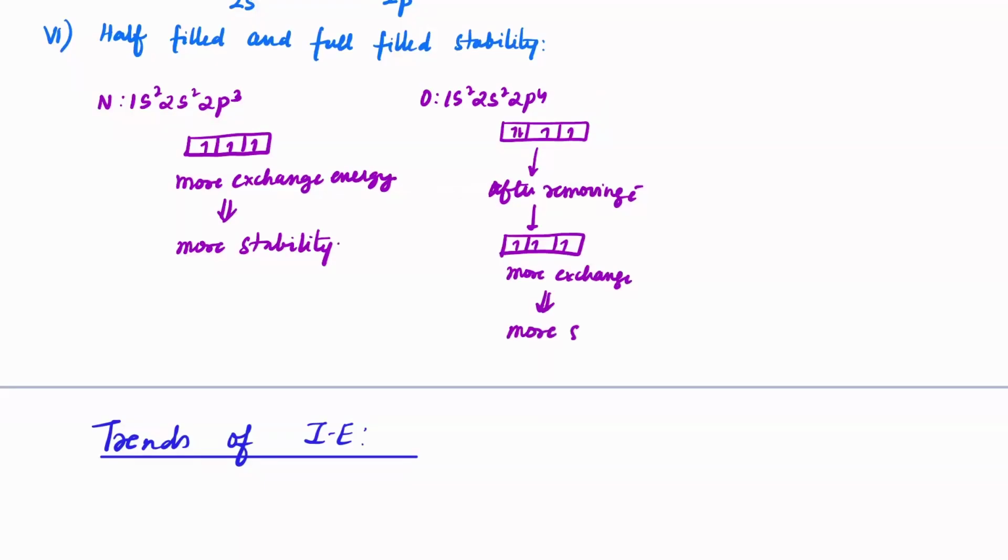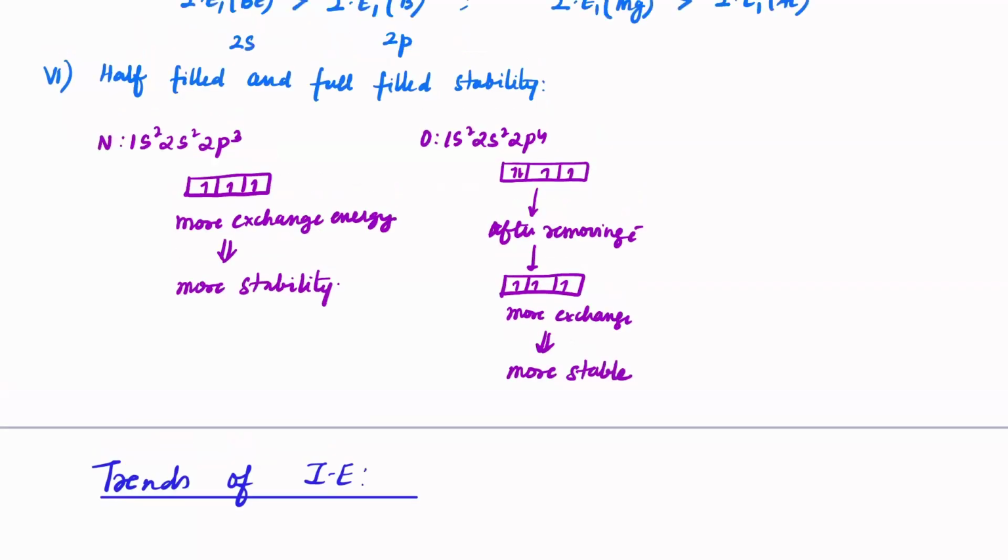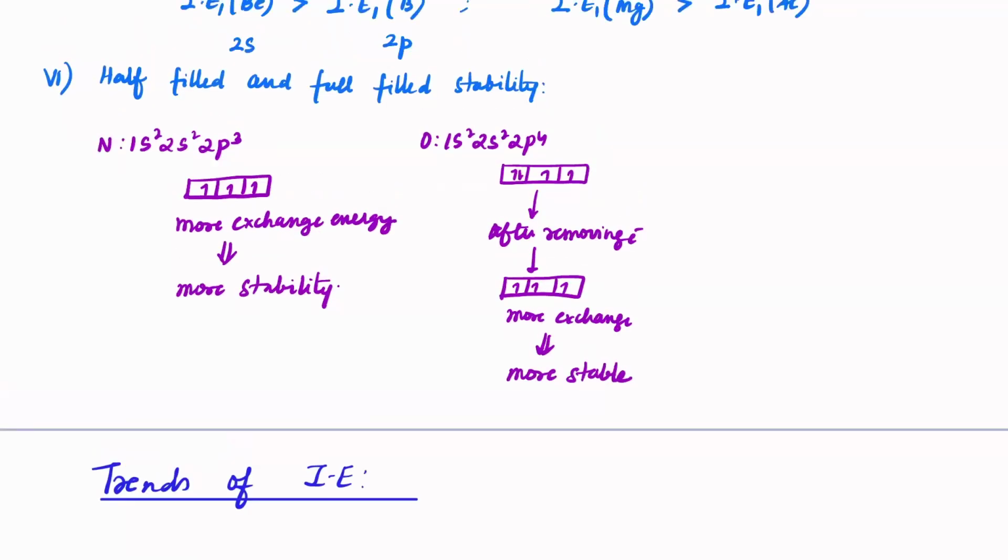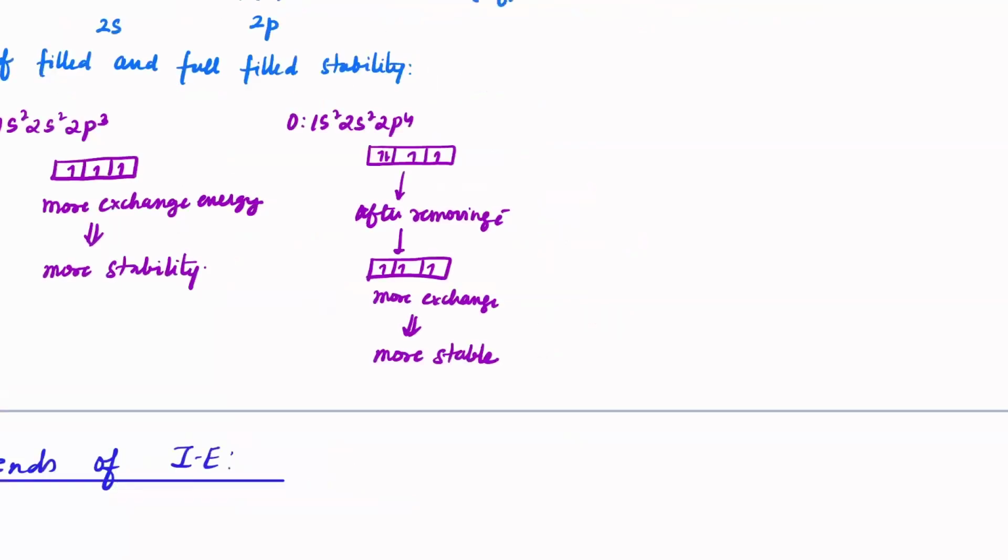Which means oxygen is ready to lose an electron because losing it will make it more stable. On the contrary, nitrogen does not want to lose an electron, so it requires more energy. Therefore, the first ionization energy of nitrogen is greater than the first ionization energy of oxygen.